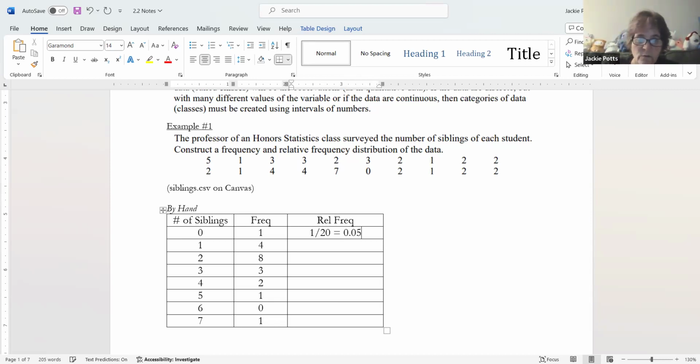I'm going to take it to 2. So 4 divided by 20, that is 0.2. 8 divided by 20, three divided by 20, no, 0.10, sorry.